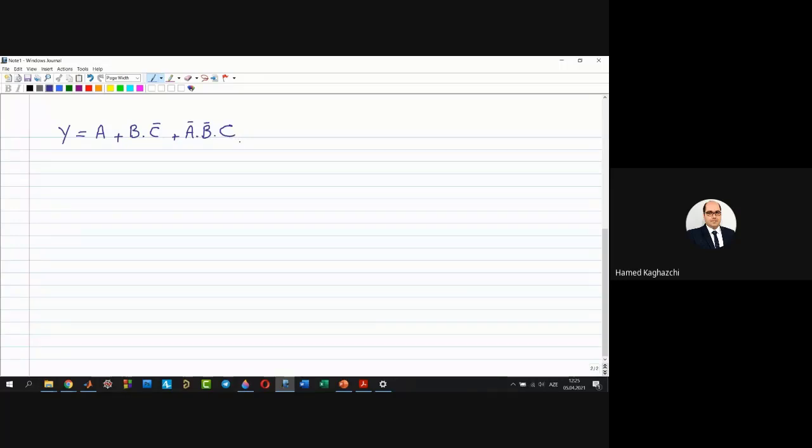This is my equation. I want to draw the truth table. First of all, I have to determine the number of variables. How many variables do I have in this equation? A, B, C: 1, 2, 3.